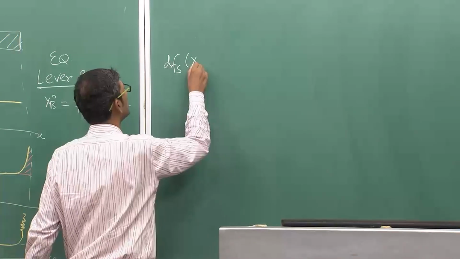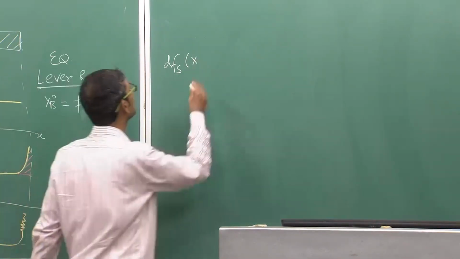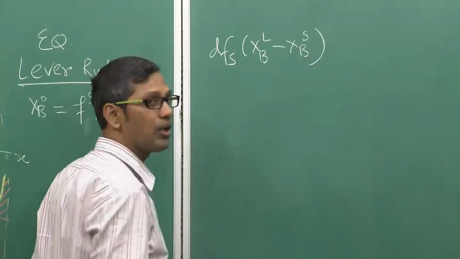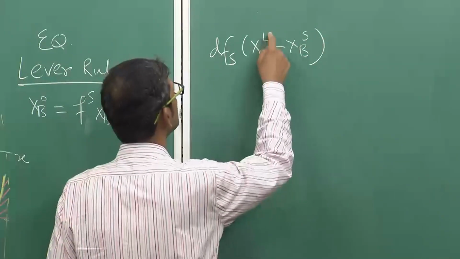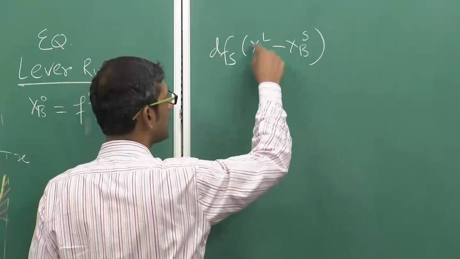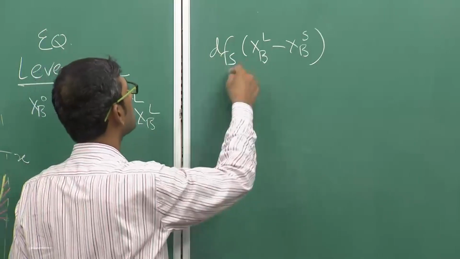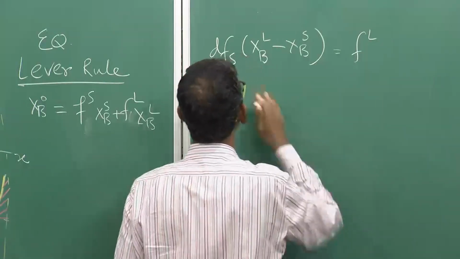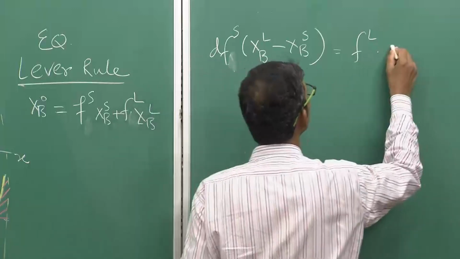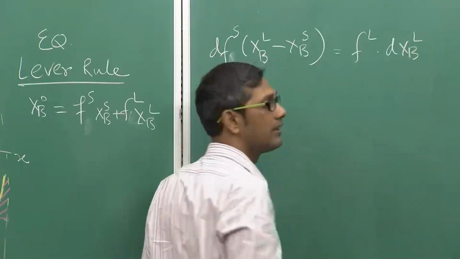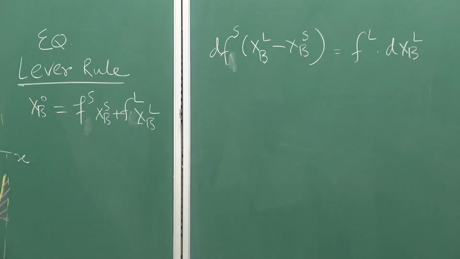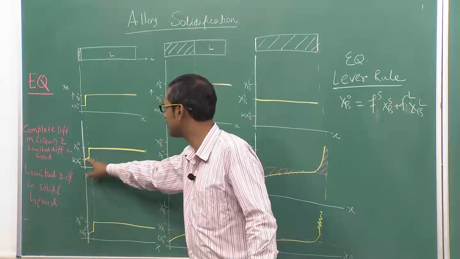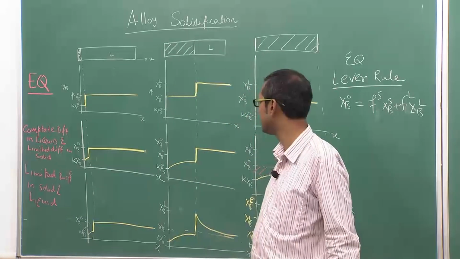Because of the formation of this there is a solid change, and the solid composition difference is basically the liquid minus solid, that is my difference of the solid, multiplied by the fraction of solid which is formed, dfs. This must be equal to the rise of the solid, let us write S and F as superscripts, multiplied by the change in the composition of the solute in the liquid, because whatever has been rejected by the solid because of this composition, there is a rejection into the liquid.